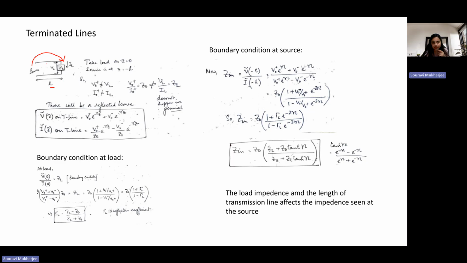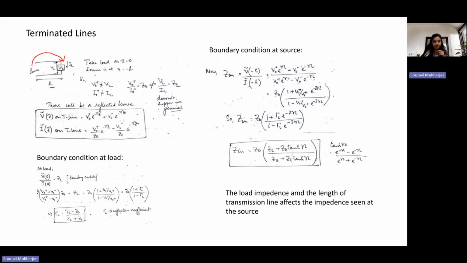And we know that as it propagates, it has this wave-like form, V naught e to the power minus gamma Z, both forward and backward wave, right? We know that form. So now the question is, how do we find the voltage or the current at different instances on the transmission line, while we take into account the fact that it is terminated with some known load impedance Z?